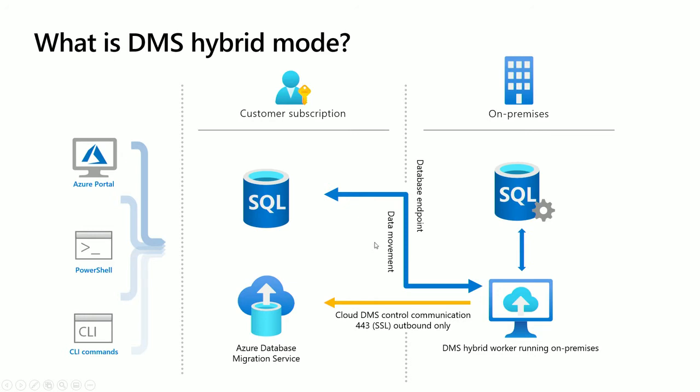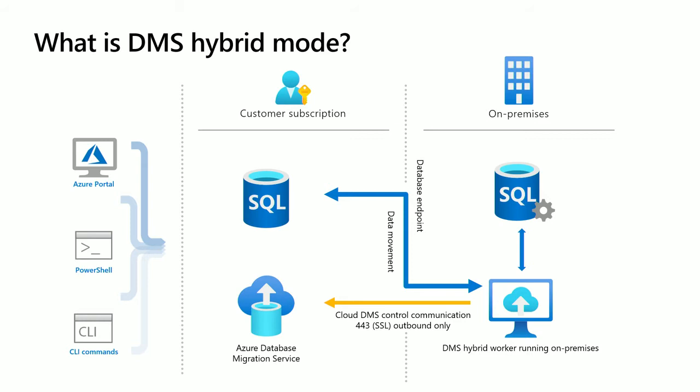And when it comes to the cloud, we connect through public endpoints. For SQL DB, we use public endpoint connectivity to the Azure target. For managed instance, we use REST API calls to do the restore, right? That way, you don't have to have a site-to-site connectivity between your on-premises and the cloud. But to manage the hybrid DMS, you still have an Azure Database Migration Service created in the cloud, only for management purposes.